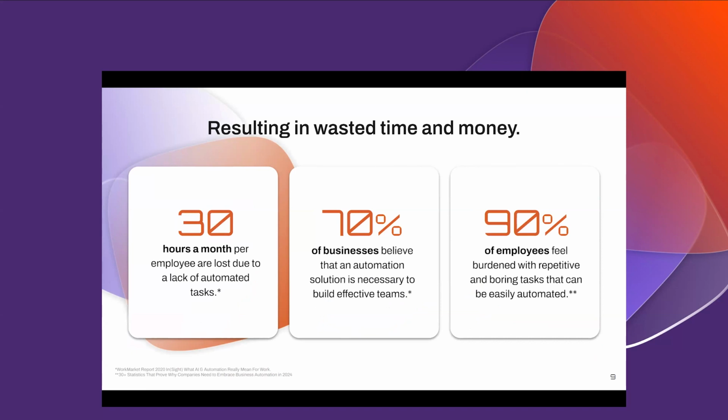30 hours a month per employee are lost due to lack of automation. 70% of businesses believe that automation is necessary to have really effective teams. 90% of employees are burdened with repetitive and manual tasks. So why not make it easier by using Vasion Automate?